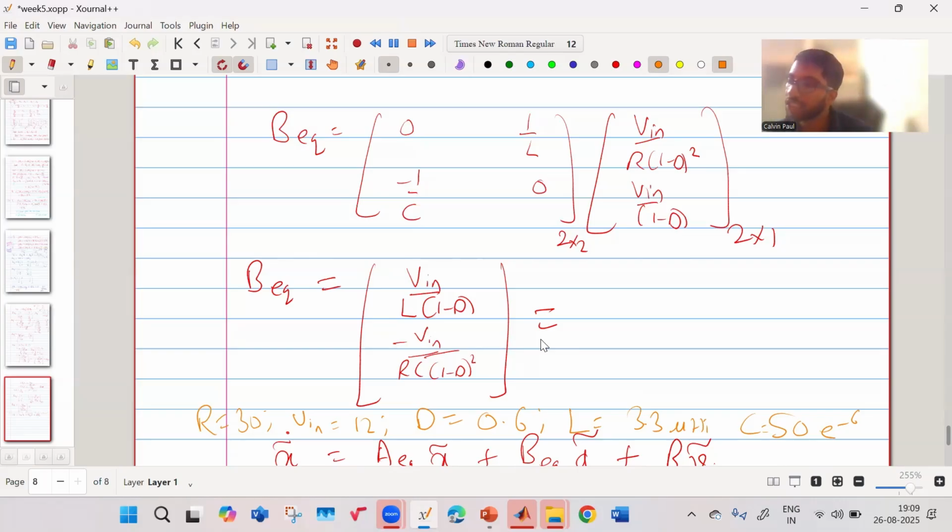Okay, so what did you get the first coefficient to be as? Have you guys been able to calculate?